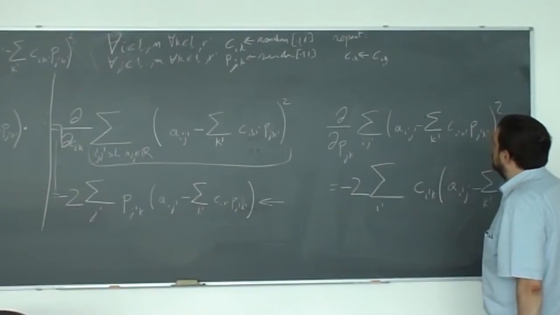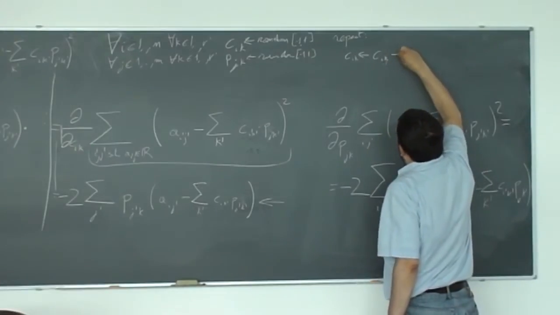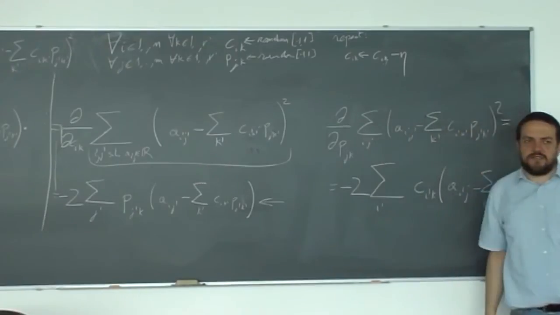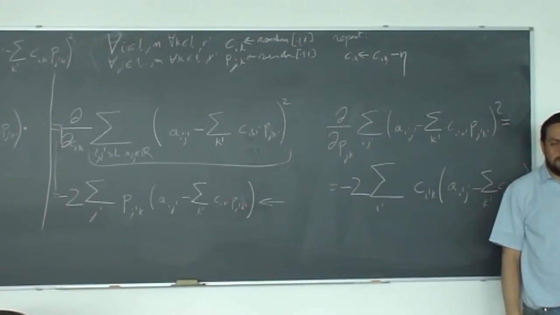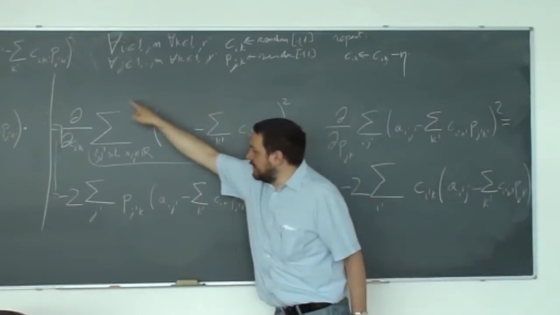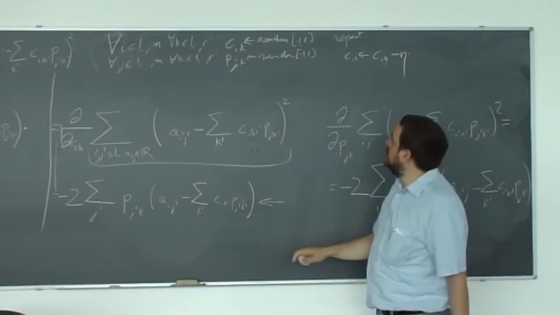So we need to take the previous value and subtract some small multiplier eta times the value that we computed for its partial derivative.